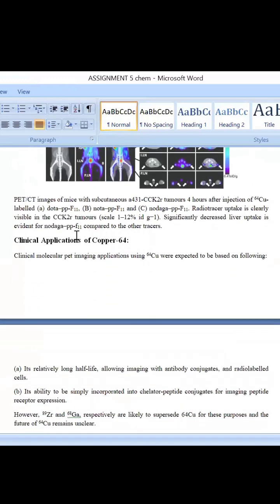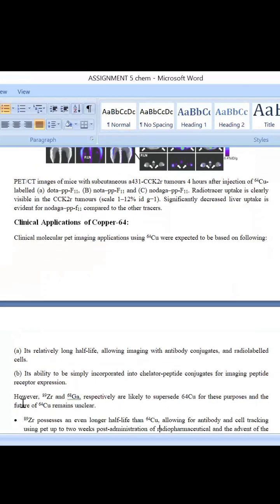Next point is clinical applications of copper 64. Clinical molecular PET imaging applications using copper 64 were expected to be based on its relatively long half-life, allowing imaging with antibody conjugates and radiolabeled cells, and its ability to be simply incorporated into chelator peptide conjugates for imaging peptide receptor expression.